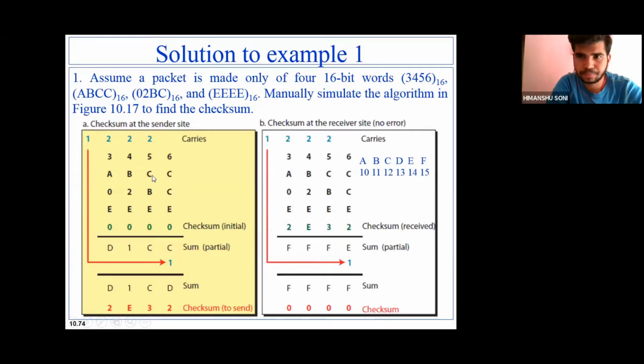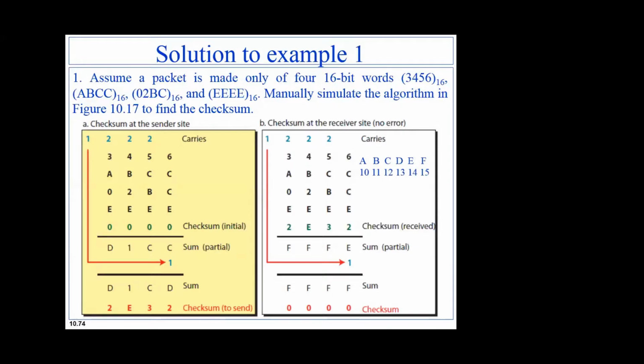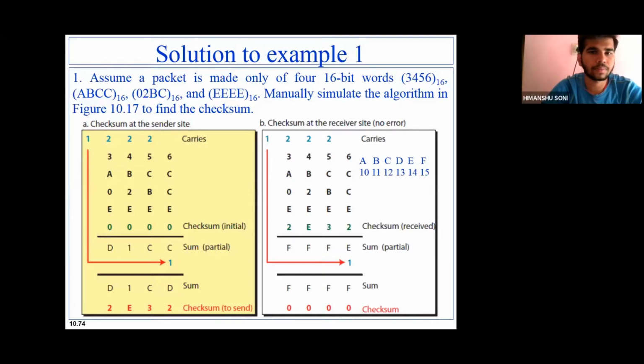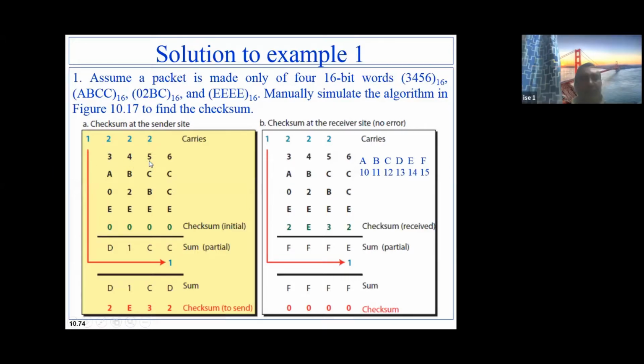Now similarly I'll add this 2 plus 5, which becomes 7. Carry was there. Are you getting my point? This is nothing but 2 plus 5, 7, plus 12, 19, plus 11, 30, plus 14, that is 44.